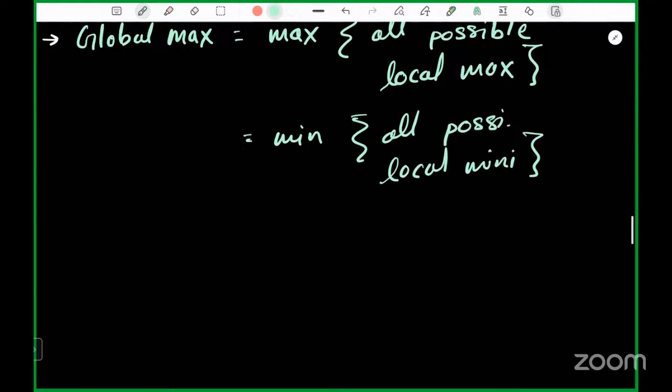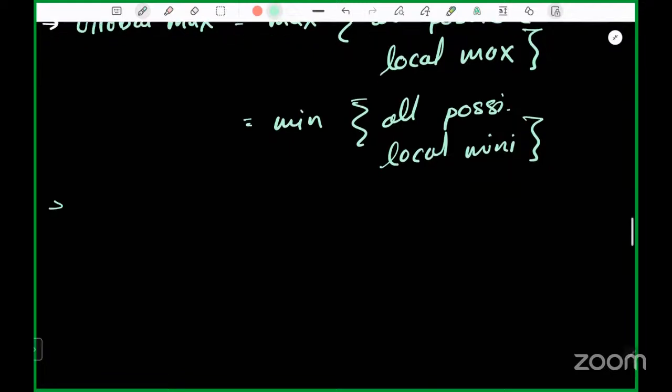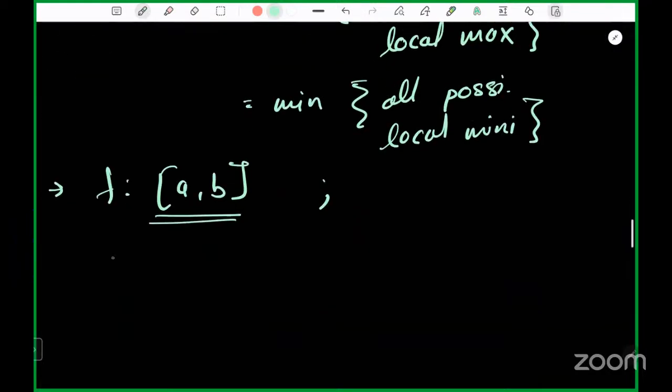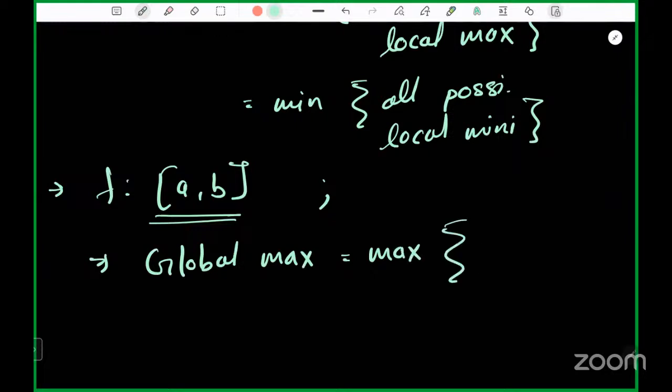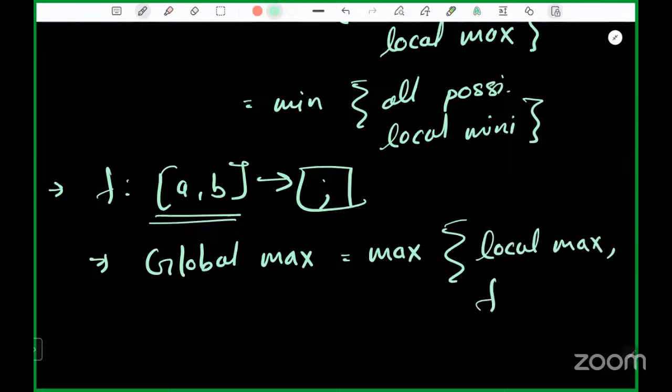Not only roots, the endpoints also we have to take, no? If it's a closed interval, then we have to consider endpoints. But if it's a function from real numbers to real numbers, then we don't have to. For a function on a closed interval a comma b, global maxima is the max of all local maxima and these two endpoints.